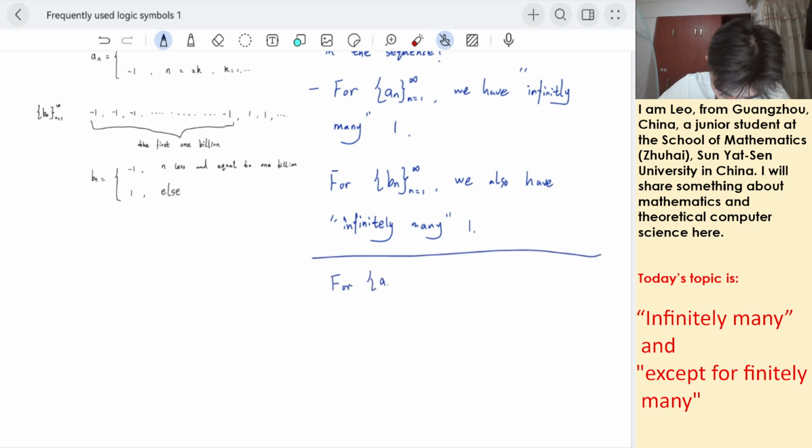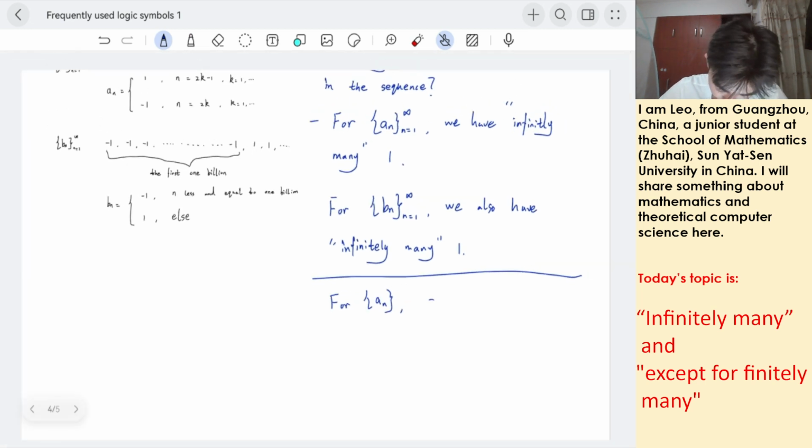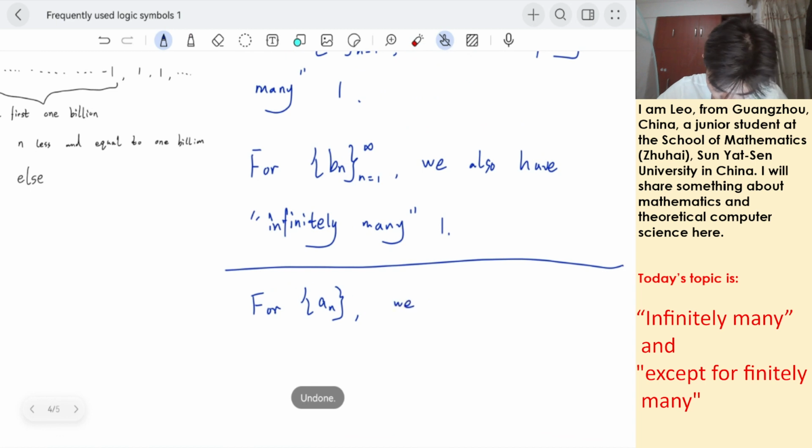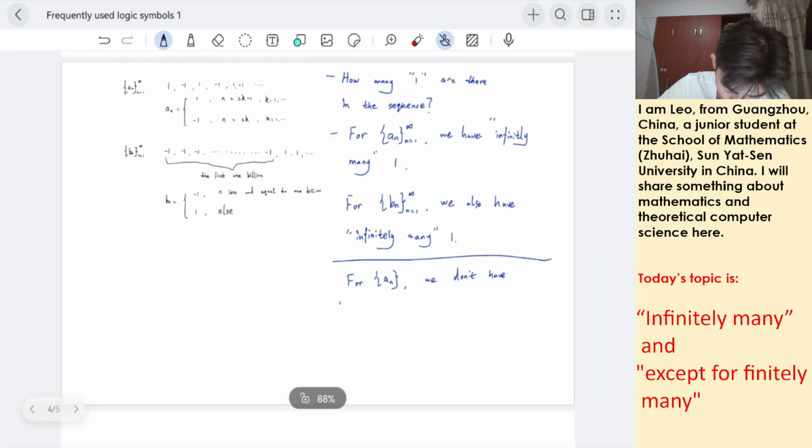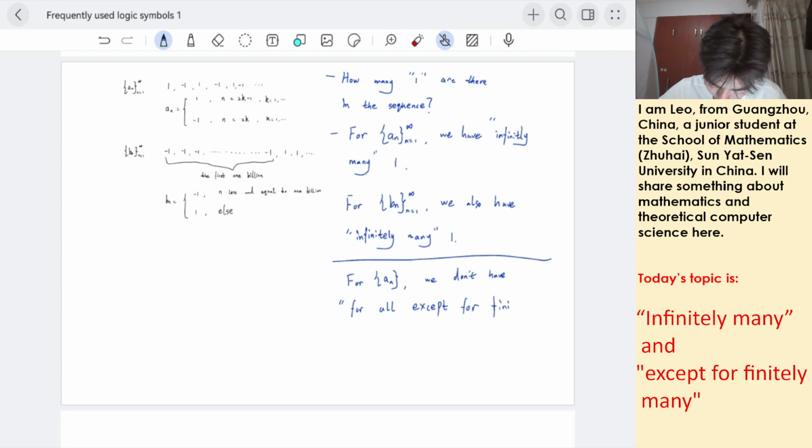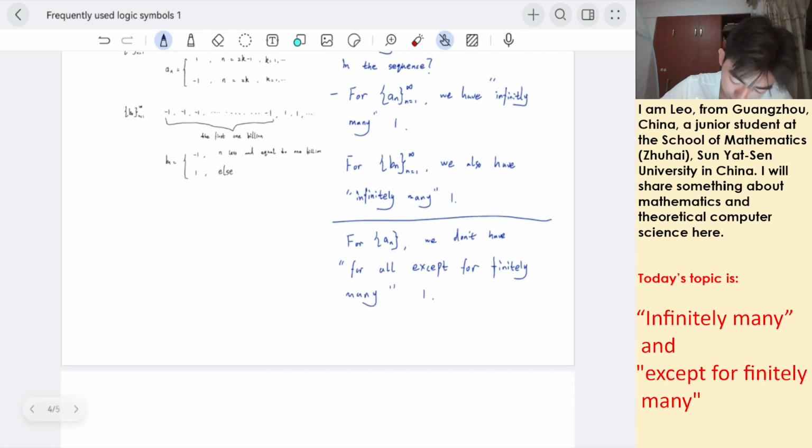For an, we don't have it: for all except for finitely many 1s. However, for bn, it does. Let's see it.